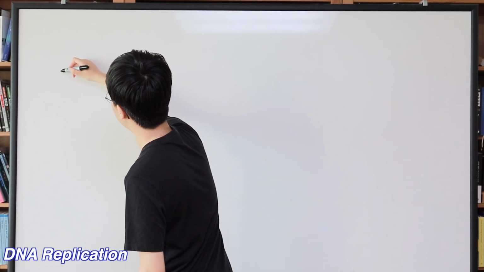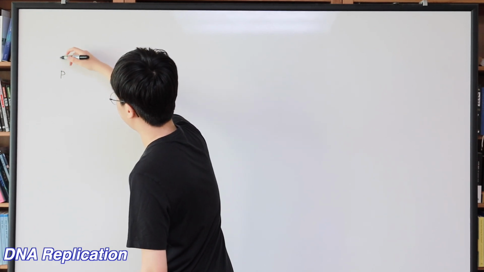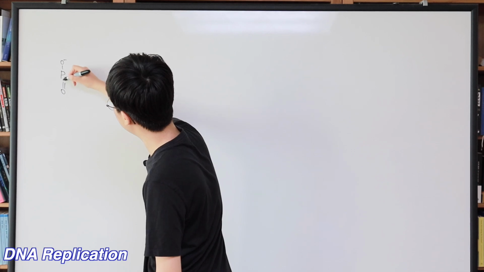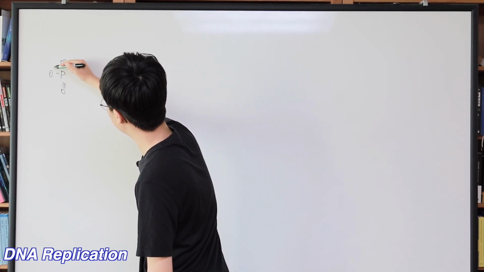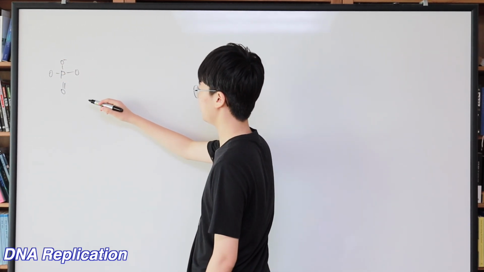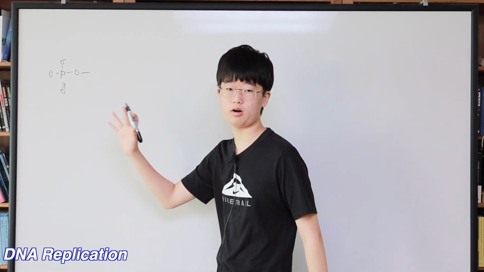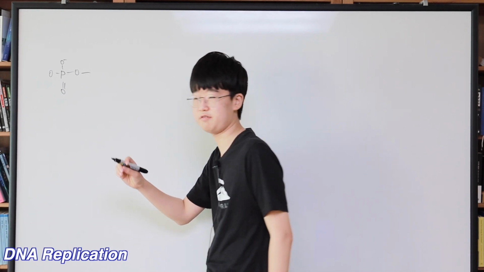So there is a phosphate molecule over here like this, attached to a 5-carbon sugar called deoxyribose.